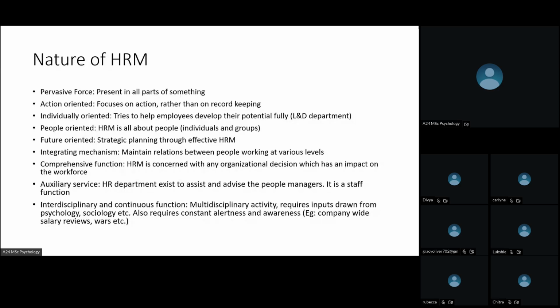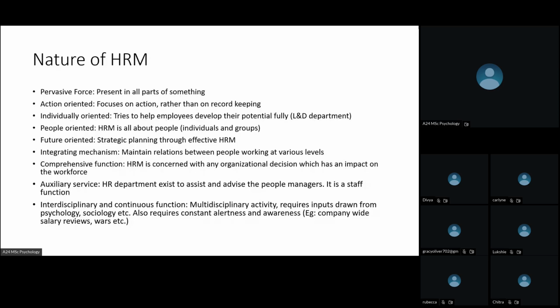So let's say the company is hiring for an intern position, and they give skills to the person, they train them, they make sure they can communicate effectively in meetings, and that in their focus area they receive enough training to do their work better. So it is not only working for the cause of organization development, but it is also very much individually oriented. That is how a person can gain experience and grow in their career.